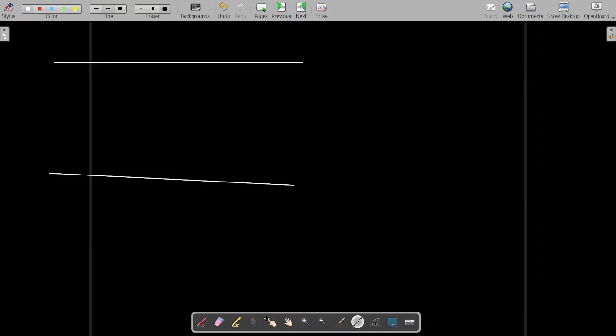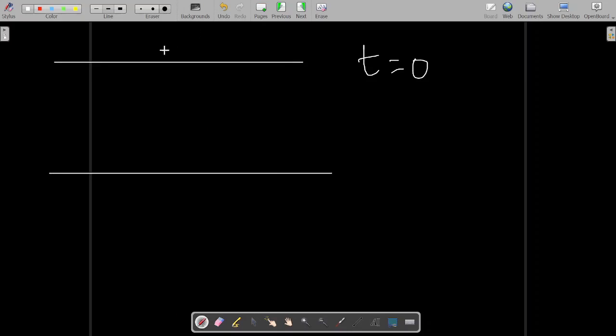Suppose we have this particular thing at time t equal to 0. This particular nucleon was over here, and this was the time t equal to 0.